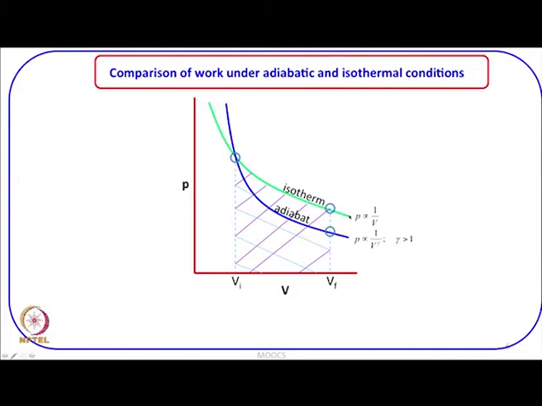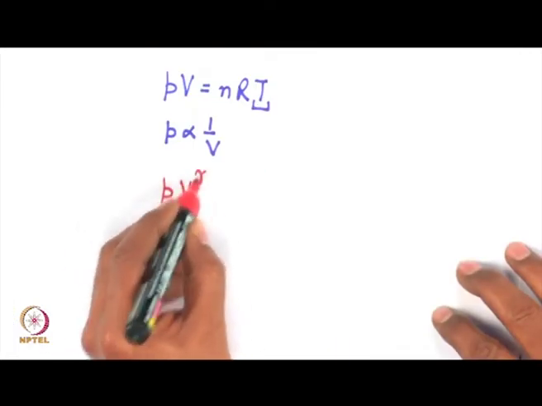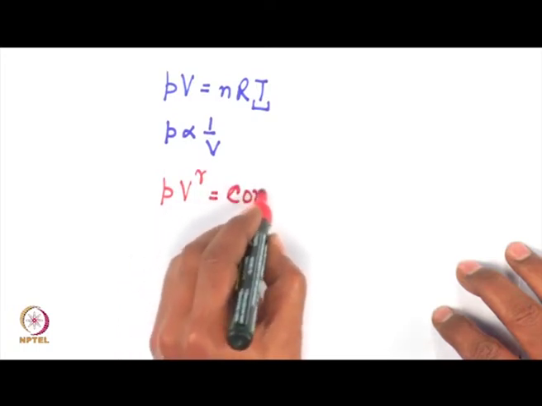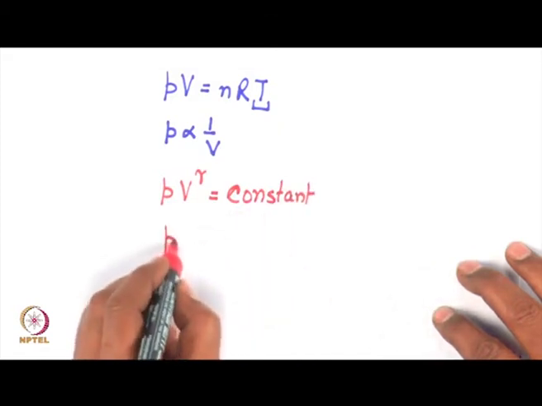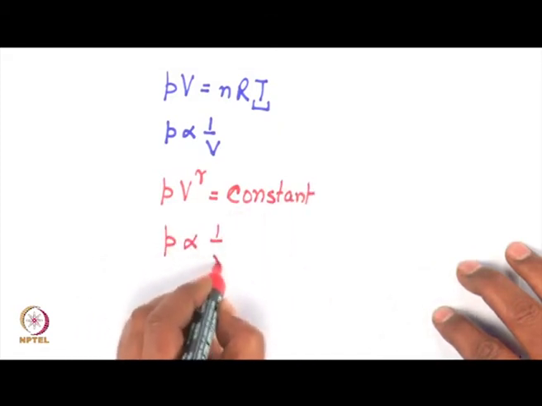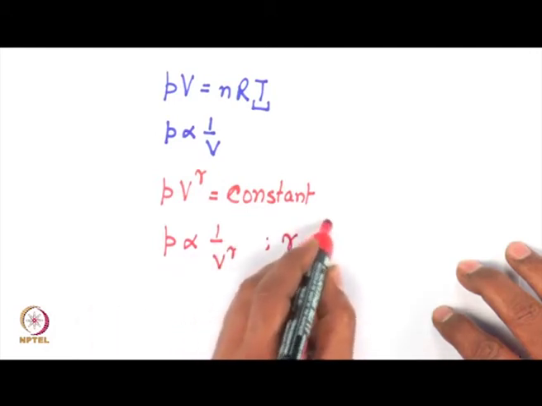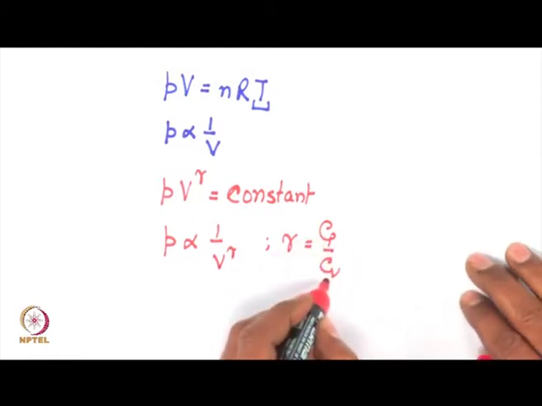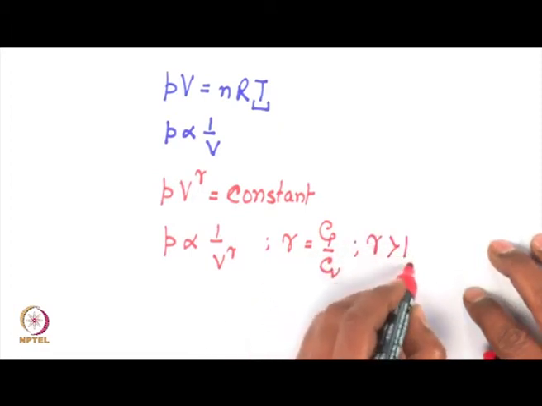Now, for an adiabat, we just showed that PV gamma is constant. That means P is inversely proportional to volume raised to the power gamma, where gamma is equal to the ratio of Cp and Cv. Cp, since it is greater than Cv, therefore, gamma is always greater than 1.